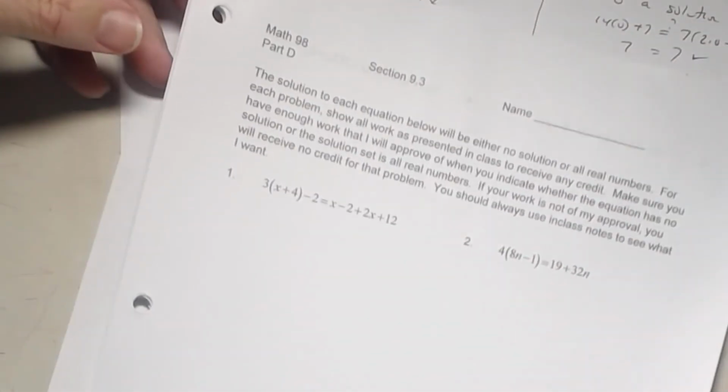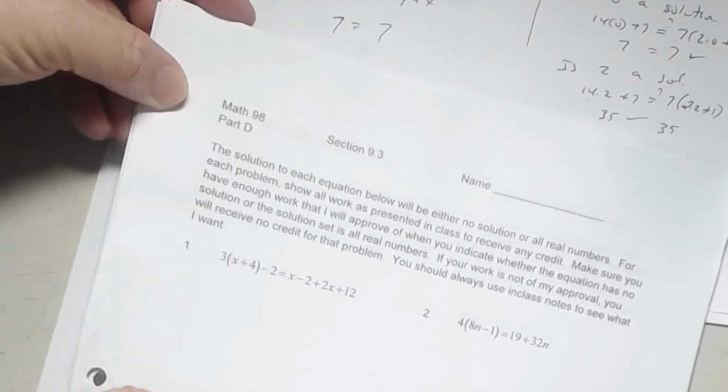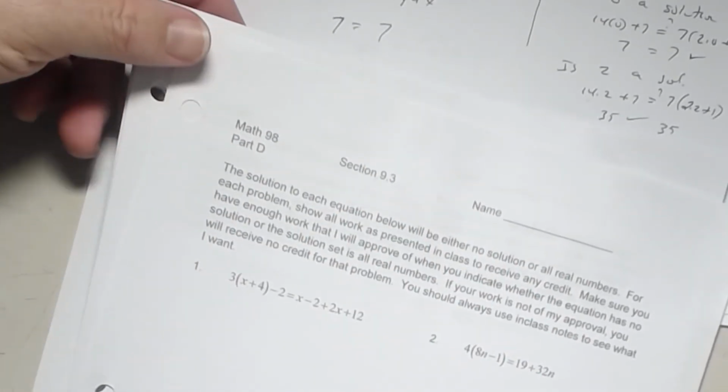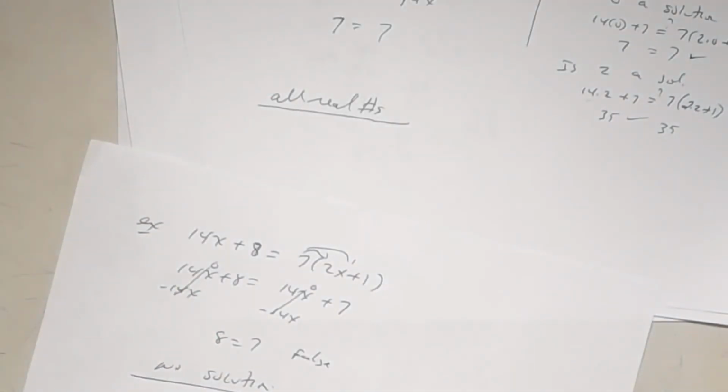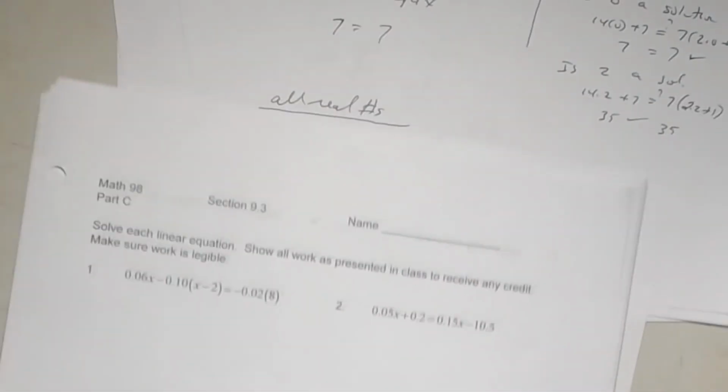Here's the one where, now notice it says this. All these problems, you're either going to get no solution or all real numbers. All right, but you've got to show that step where you get that false statement or true statement. Okay? Use those 2 examples we just did. And then this is just the one with the decimal. That's all it is. But don't forget there are 4 of them though. Don't forget the back page.